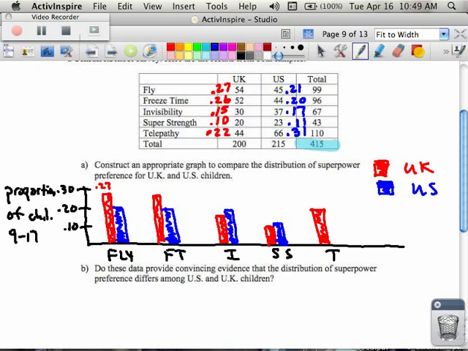And for the telepathy, it was 31. Wow, they really like the telepathy in the US. And so this is displaying our categorical data of the UK and the US's flying, freeze time, invisibility, super strength, and telepathy. So you can see them side by side.